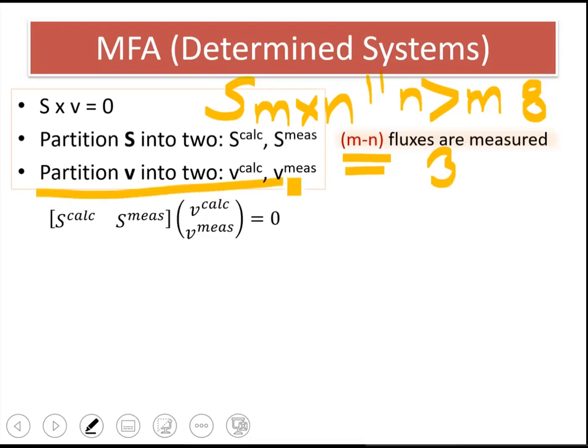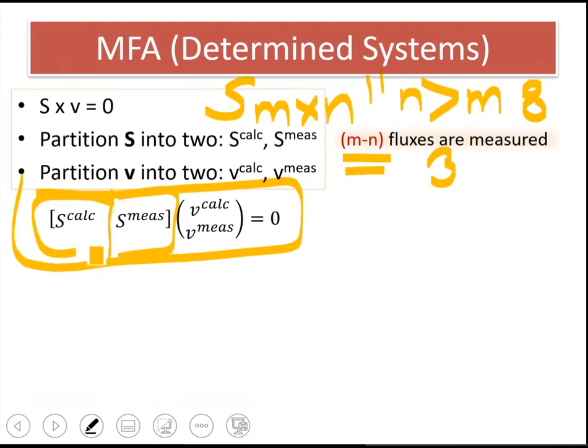So you group the original S matrix, the stoichiometric matrix, into two different matrices. This means that this vector of rates will also be categorized into two: the rates that are measured, and the rates to be calculated.